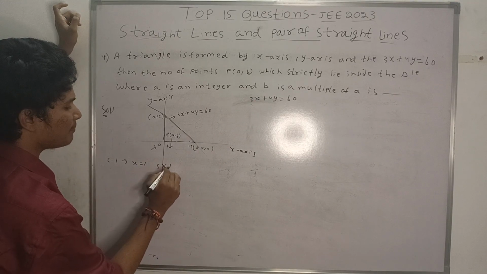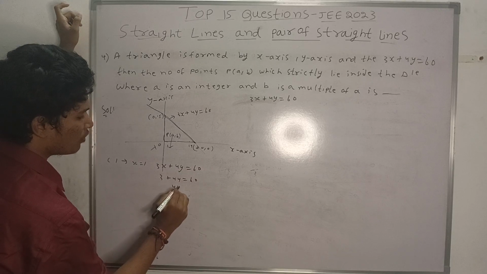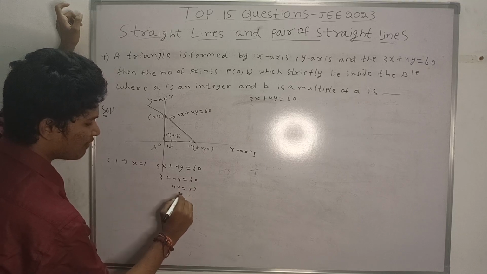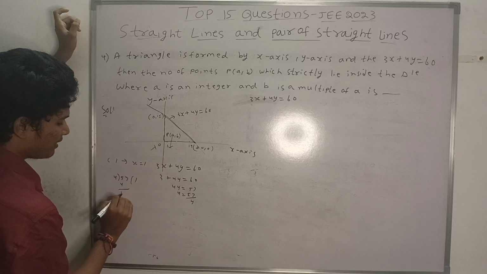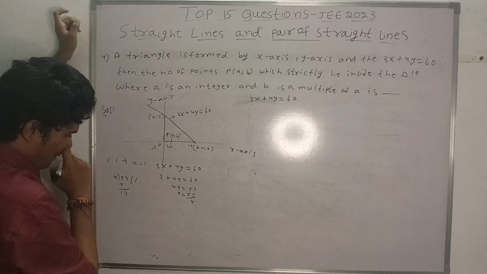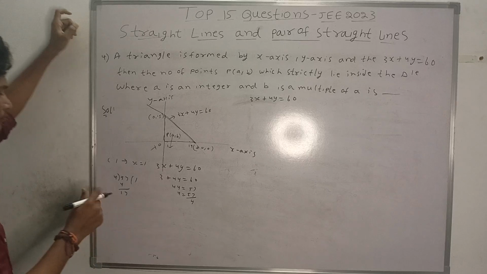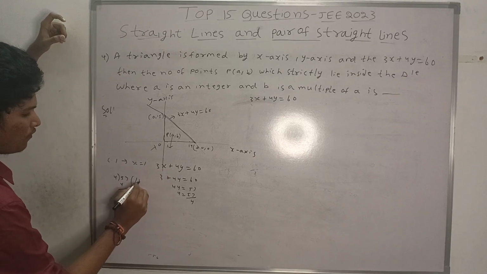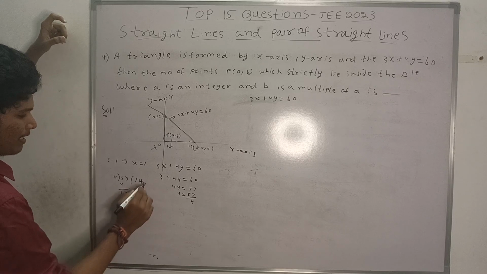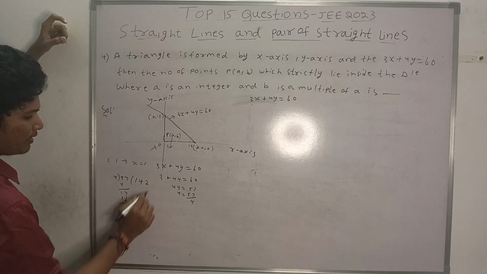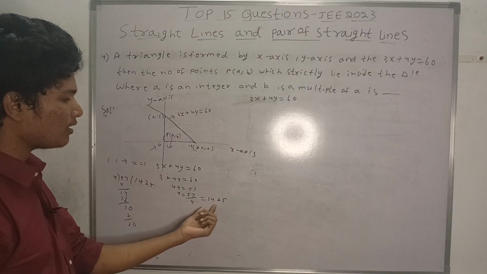Substituting in this equation 3x plus 4y equal to 60, 3 plus 4y equal to 60, 4y equal to 57, y equal to 57 by 4. 57 by 4 is 4 4s are 16, that is 1, and then 14. So the final answer is 14.25 here. So we will neglect 0.25.